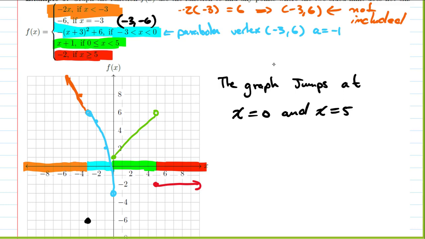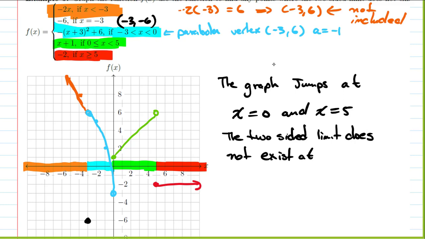So the two-sided limit does not exist at x equals 0 or x equals 5.